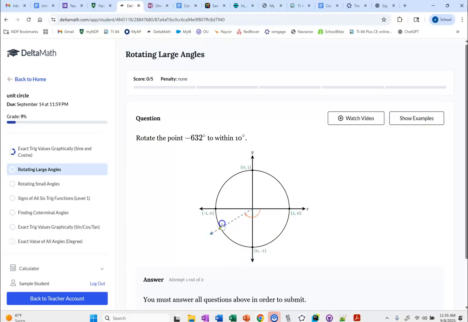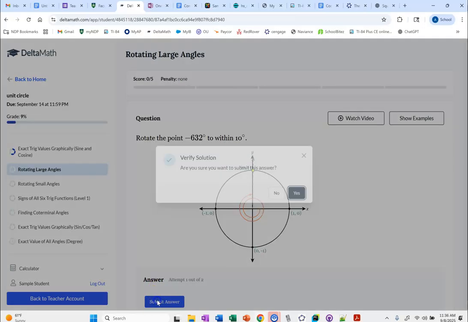So there's negative 90, negative 180, negative 270, negative 360, negative 450, negative 540, negative 720 is here. So we're at negative 540 here, right? And then negative 630 is right here then, right? Okay, so go a little past it and we'll say that sounds good.